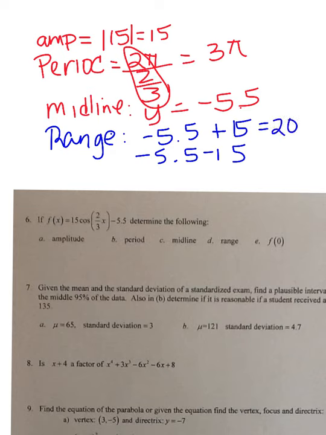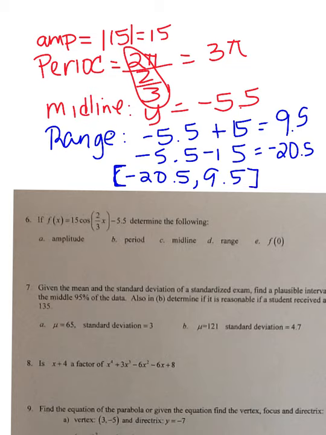Oh, no, I'm sorry. Negative 5.5 plus 15 is not 20.5. That is 9.5. And negative 5.5 minus 15 is negative 20.5. So your range is from negative 20.5, sorry, and that should be a bracket, not a parenthesis, comma 9.5 bracket.